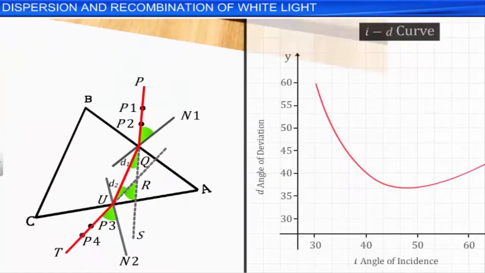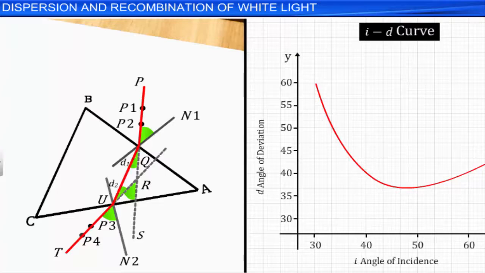This can be shown by plotting a graph with the angle of incidence on the x-axis and the corresponding angle of deviation on the y-axis. The least value of deviation obtained is known as the angle of minimum deviation, dm. From the graph, we can also calculate the angle of minimum deviation, dm.